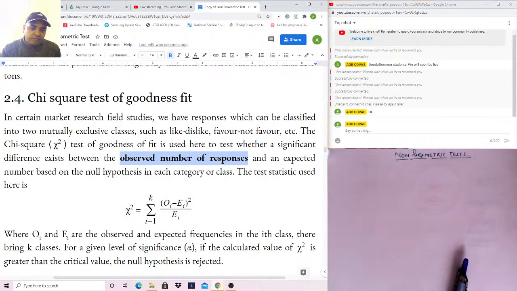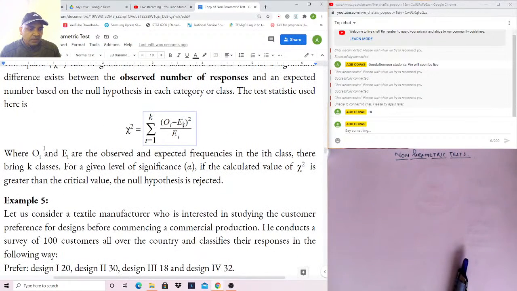So when we apply this hypothesis, the test statistic for chi-square is given by chi-square equal to the sum of observed frequency minus expected frequency whole square divided by expected frequency, summed over all k groups, which will give you the chi-square value.